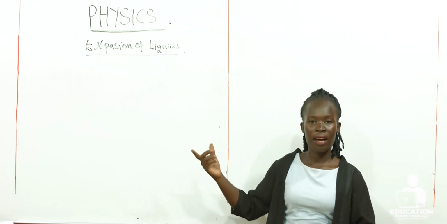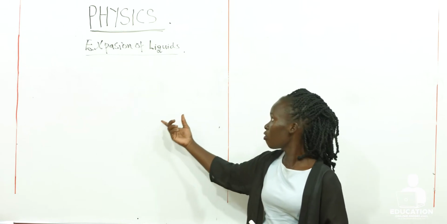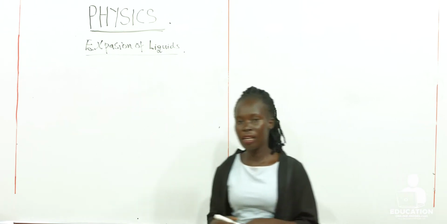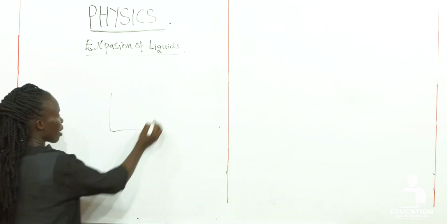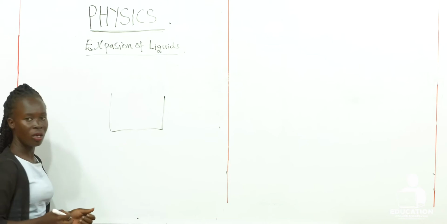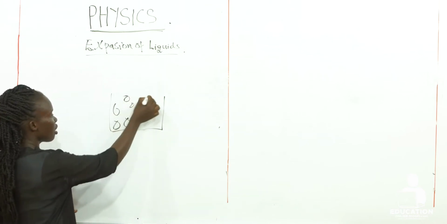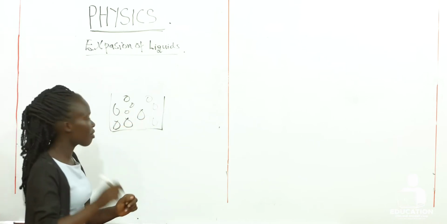If you look at the kinetic nature of liquids, you'll find that the molecules in liquids are loosely packed together. Their particles are spaced, with some spaces between them, unlike solids.